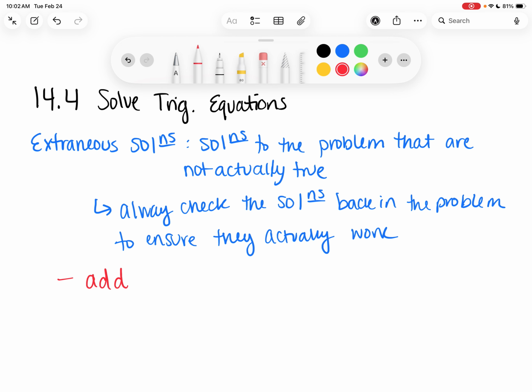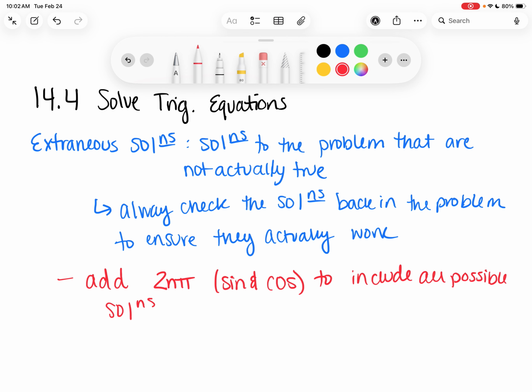Yeah. All right, we add 2 n pi for sine and cosine. I'll tell you what we do for tangent in a minute. To include all possible solutions, because there are infinitely many solutions.